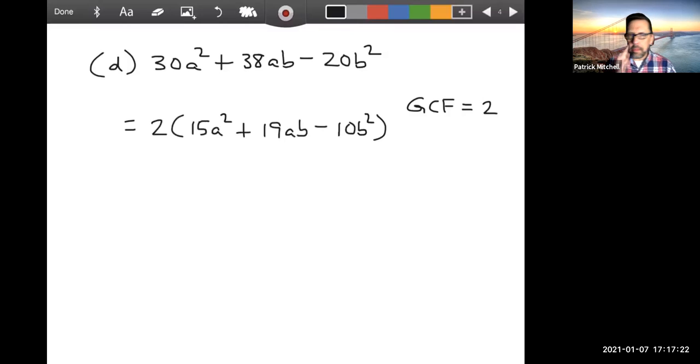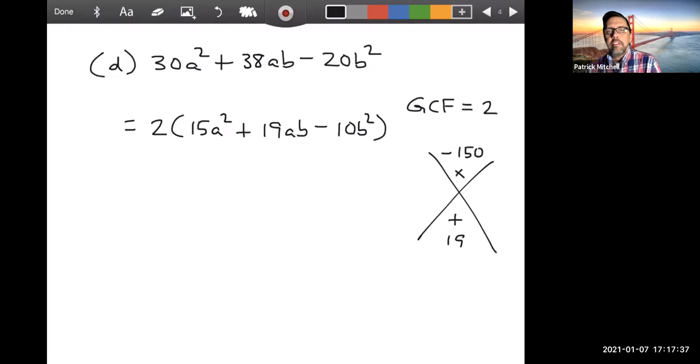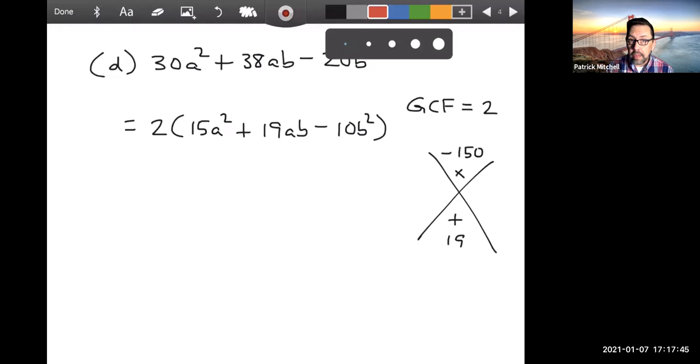Now I'm ready to think about my mystery numbers. My mystery numbers need to add up to positive 19 and multiply to negative 150. So 150 is another kind of big number. This time I'm going to take your word for it that you tried this problem ahead of time.